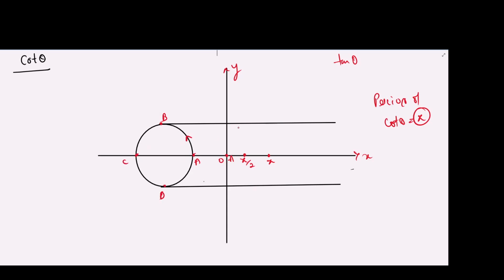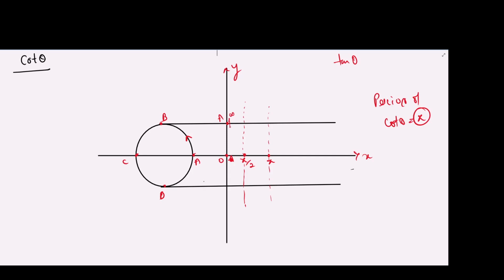So from A to B, first draw the vertical lines through pi by 2 and pi. So at point A, at theta equal to 0, cot theta is infinity. So this is not point A. So point A is this. So at this point it is infinity.